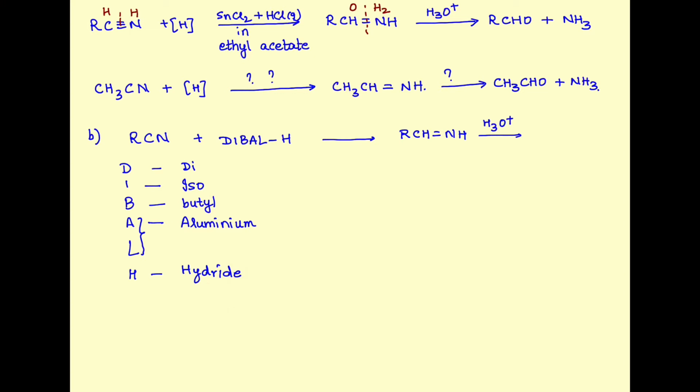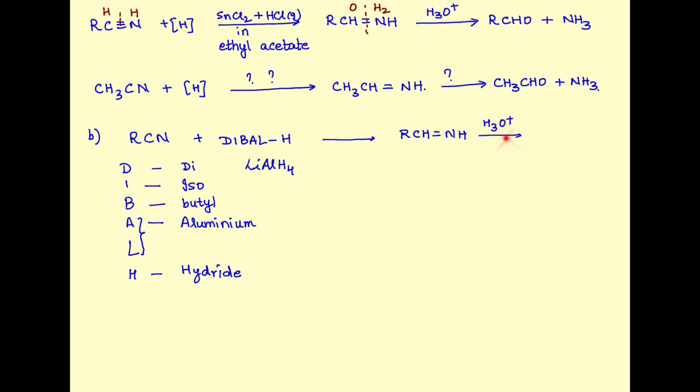Compared to lithium aluminium hydride, this is a milder reducing agent. Otherwise, our nitrile will have a tendency to be reduced further, and it will get converted into an alcohol. So what we do is, we use a milder reducing agent, that is DIBAL-H, followed again by acidic hydrolysis.